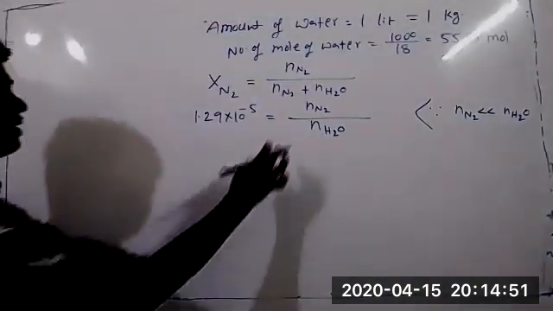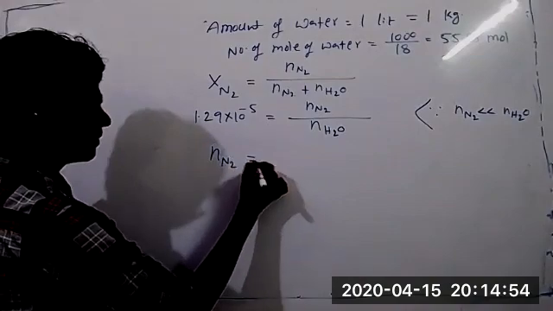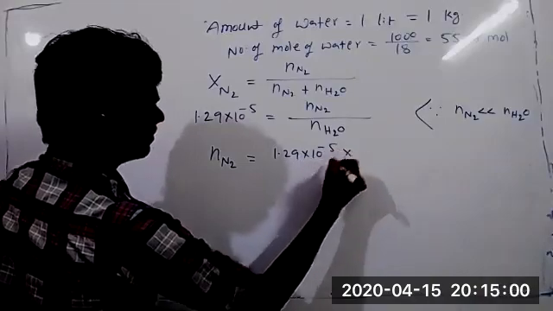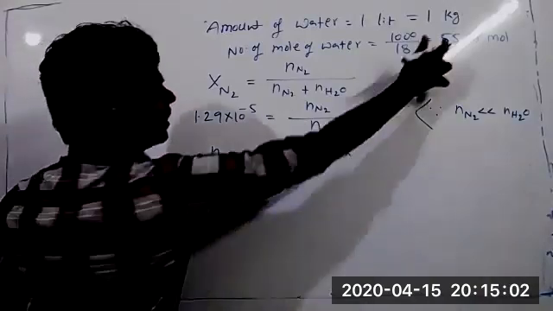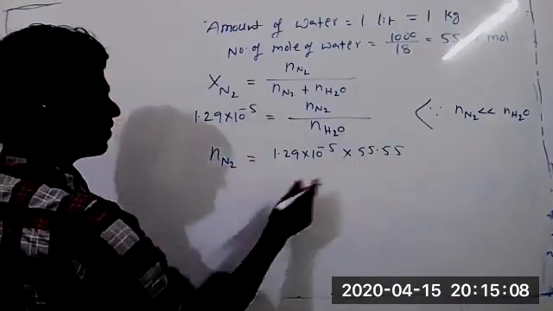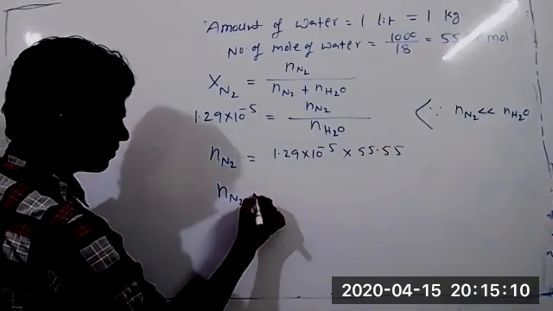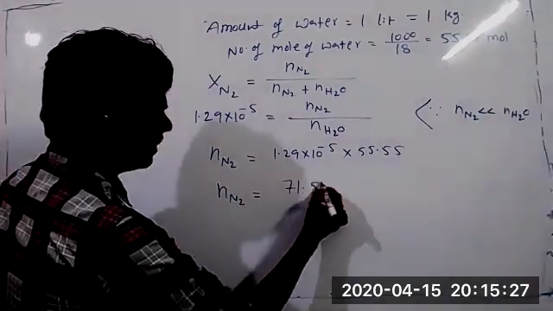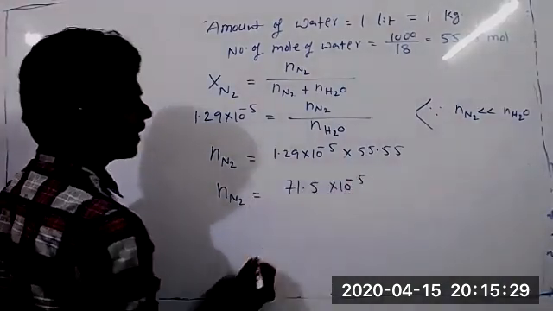Now, number of moles of nitrogen is equal to 1.29 into 10 power minus 5 into 55.55 moles of water. Multiplying, we get 71.5 into 10 power minus 5 moles.